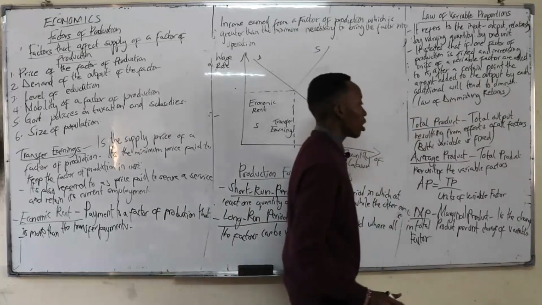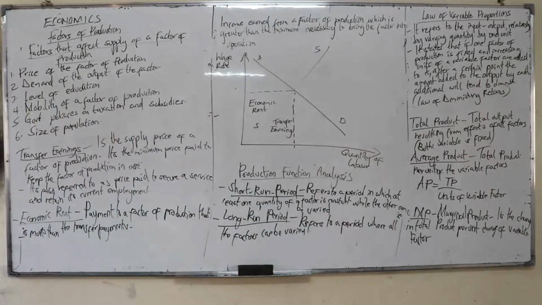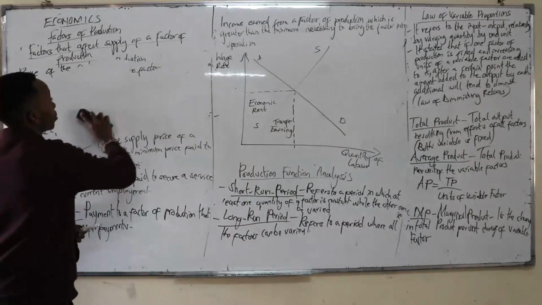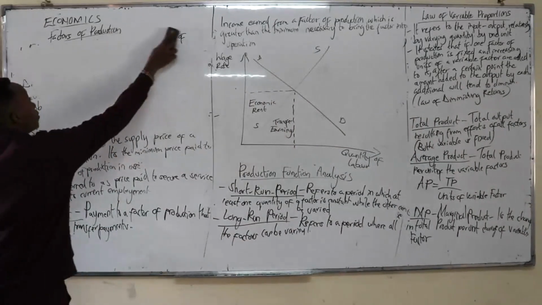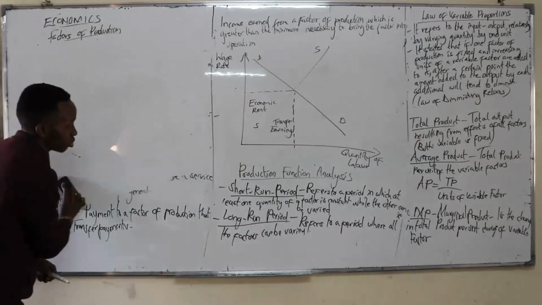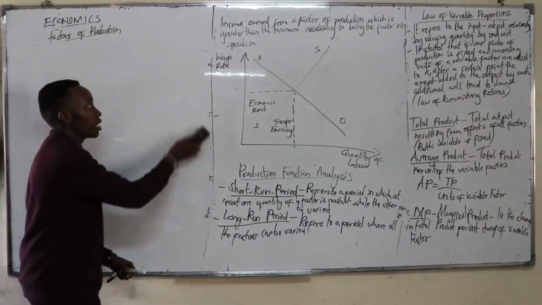So how can we compute these three types of products? We usually have a table in which you can see this concept clearly, just like what we had in marginal utility and total utility. Here we're trying to see at which stage we can actually produce.